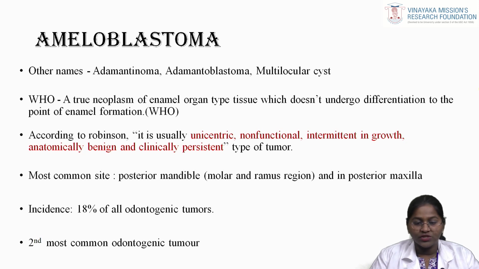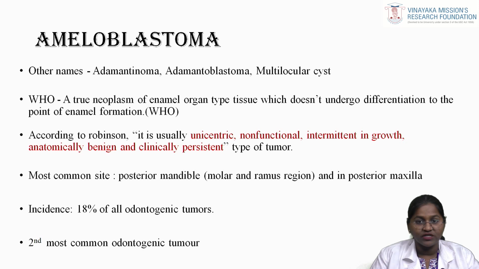So according to WHO, ameloblastoma is defined as a true neoplasm of enamel organ type tissue which does not undergo differentiation to the point of enamel formation. So according to Robinson, it is a unicentric, nonfunctional and intermittent in growth, anatomically benign and clinically persistent type of tumor.